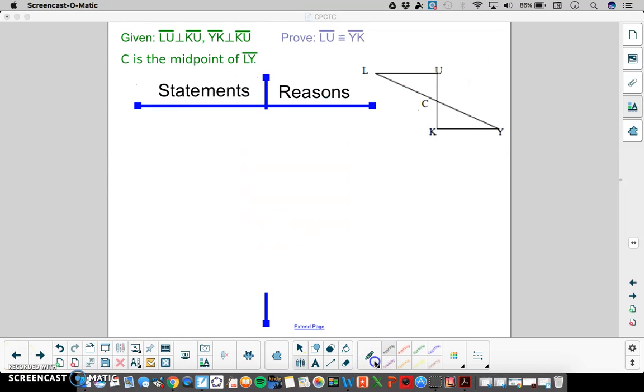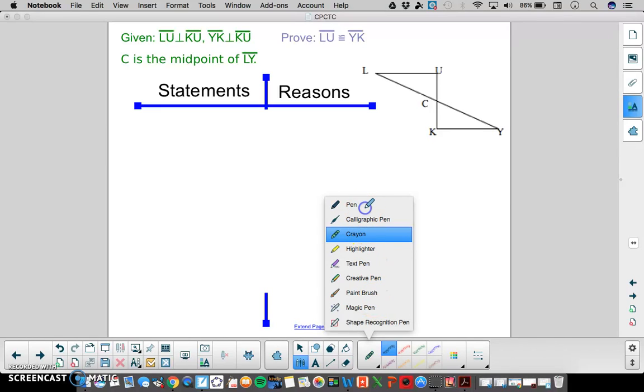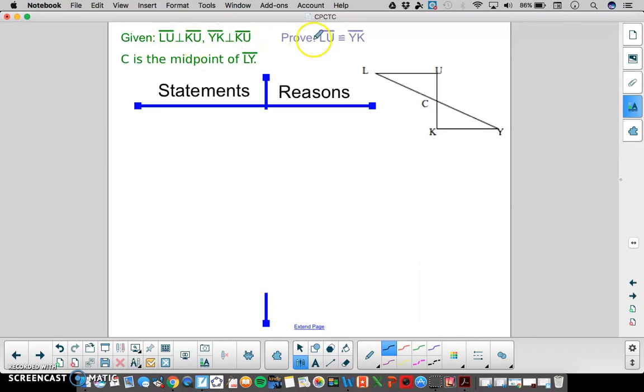In the next example, we're given that LU is perpendicular to KU. That's going to give us a right angle here. We also know that YK is perpendicular to UK. We also know that C is the midpoint of LY.